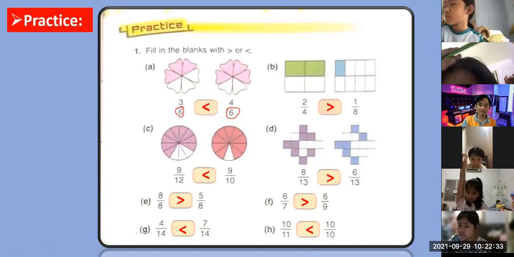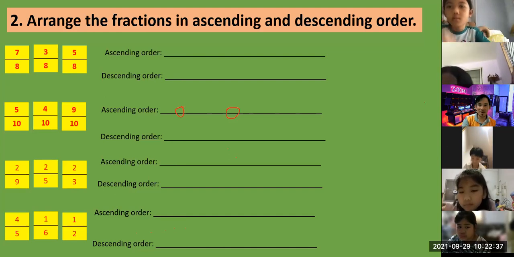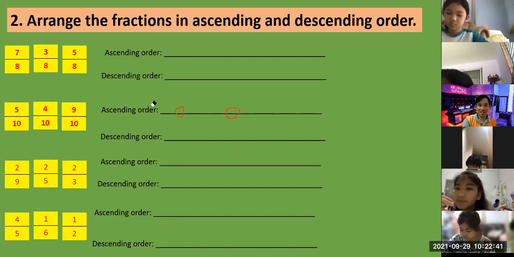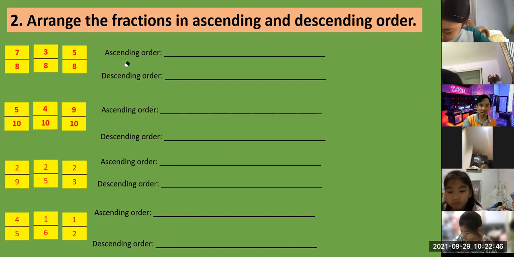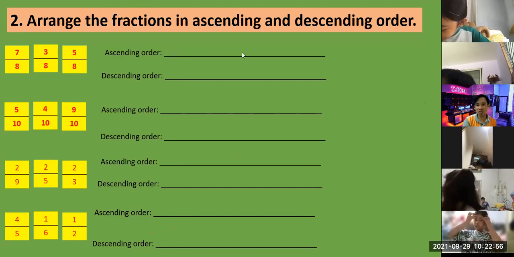Okay, let's answer number 2. You will arrange the fractions in ascending order. What is ascending? Do you remember? Ascending, you start from the smallest to the greatest.